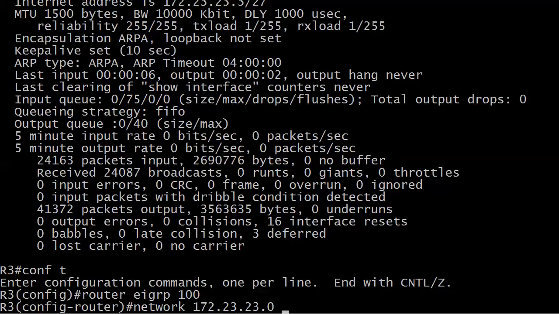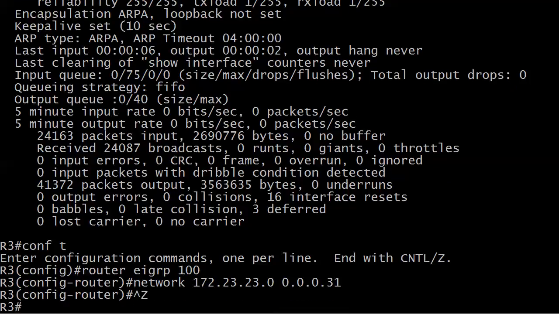If I want it to be the inverse of a /27 subnet mask, that means the last 5 bits in it are going to be 1s. Our wildcard mask, the last 5 bits are going to be 1s. Everything else is going to be a 0. So that's going to be 0.0.0.31. Right.